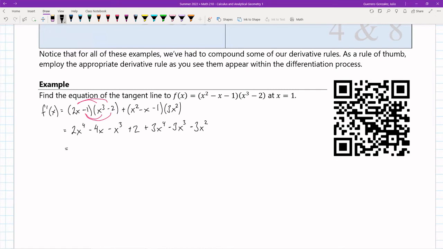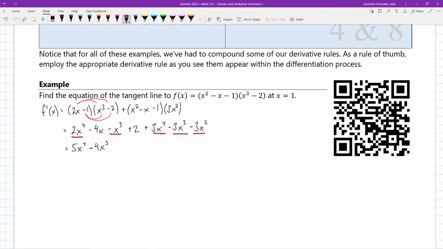Okay, and what I get here is I'm going to combine, let me show you guys. I have that many x to the 4ths, so that's 5x to the 4th. There's this and this x cubed, so it's going to be minus 4x cubed.